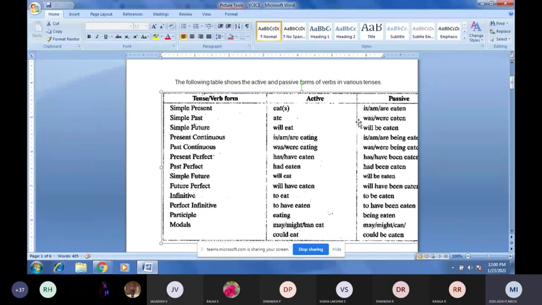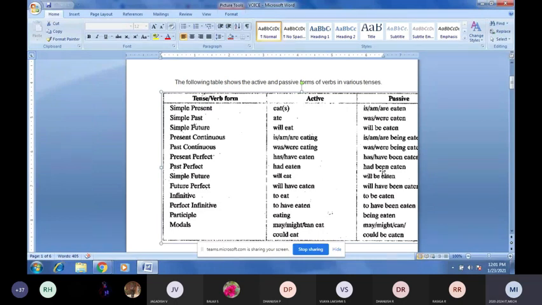Continuous tenses means, for all the three categories of continuous tenses, present continuous, past continuous, or even future continuous, I think there is no future continuous here, but we can add it, will be, being. So for all the three continuous tenses, you can use auxiliary plus being, B-I-N-G, and past participle.